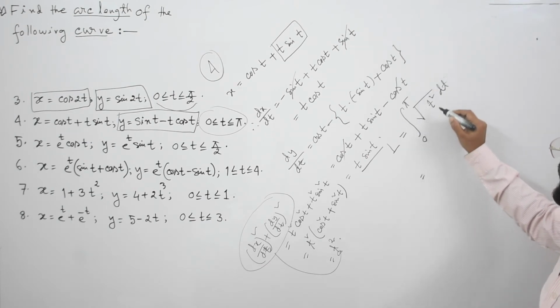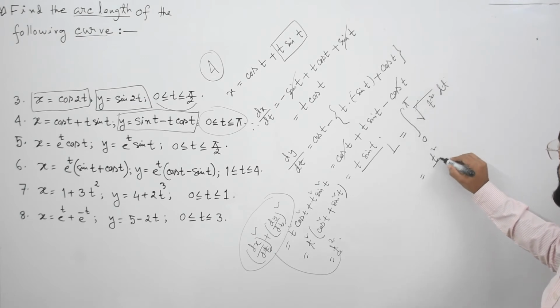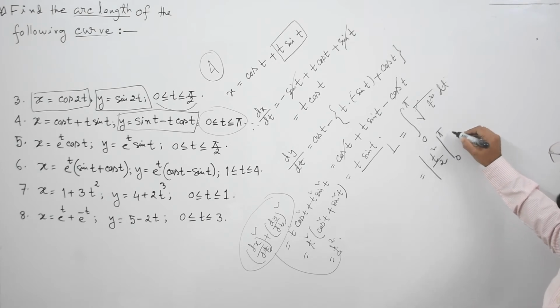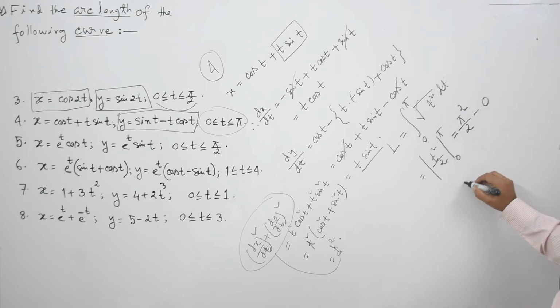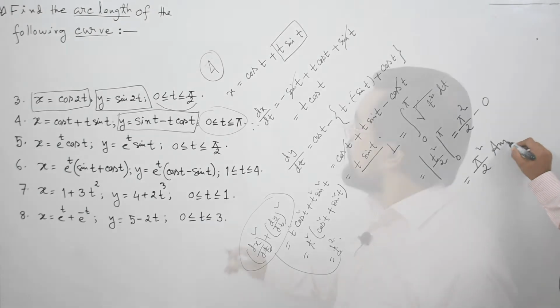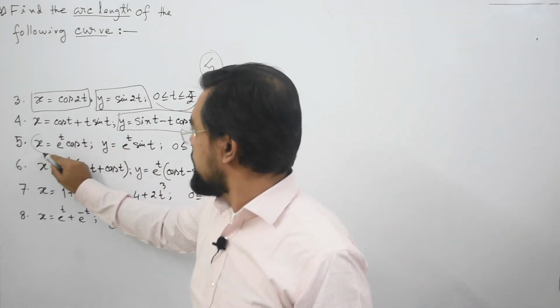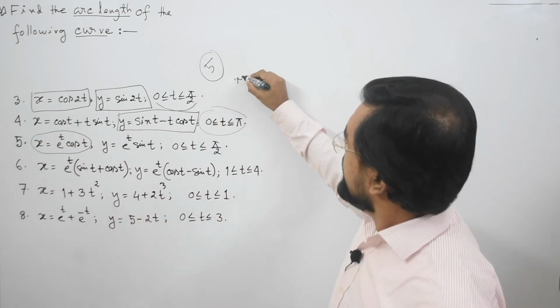So we have only t, and the integration of t equals t square by 2, from 0 to pi. If you put the upper limit, we have pi square by 2 minus 0, which equals pi square by 2.